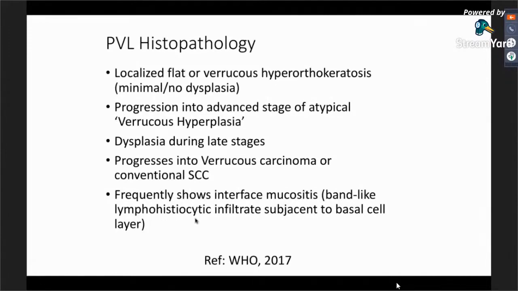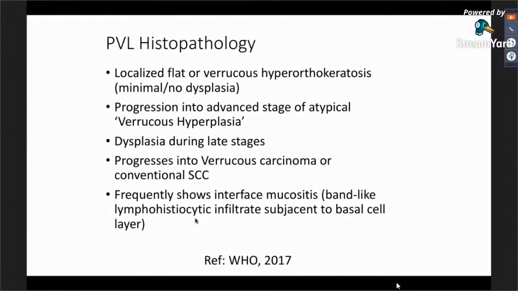But when it is verrucous hyperplasia, whether it's orthokeratosis or not, we look into minimal or no dysplasia, and progression into advanced stage of atypical verrucous hyperplasia. So the flat ones, or even if we had seen the verrucous type earlier, would progress into the advanced stage of a full-blown verrucous hyperplasia, and dysplasia during late stages. And this would also progress into verrucous carcinoma and conventional squamous cell carcinoma.